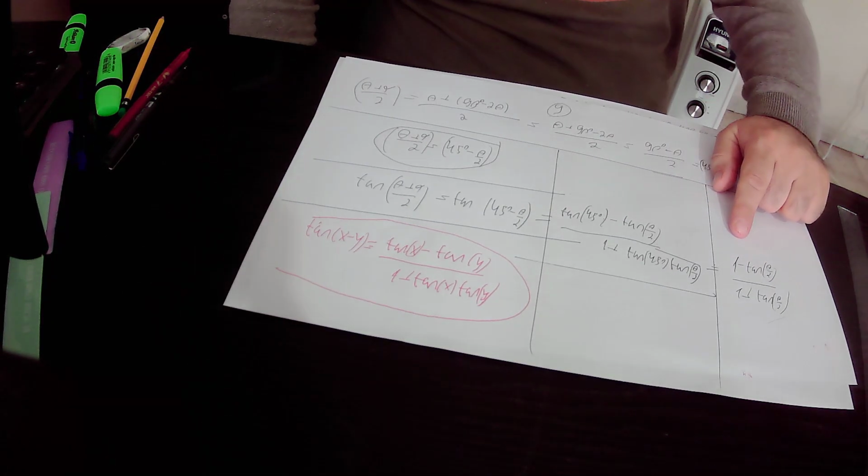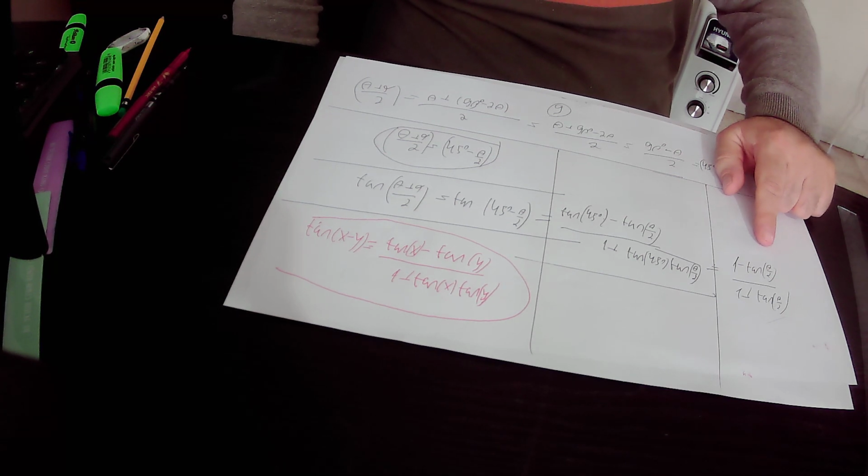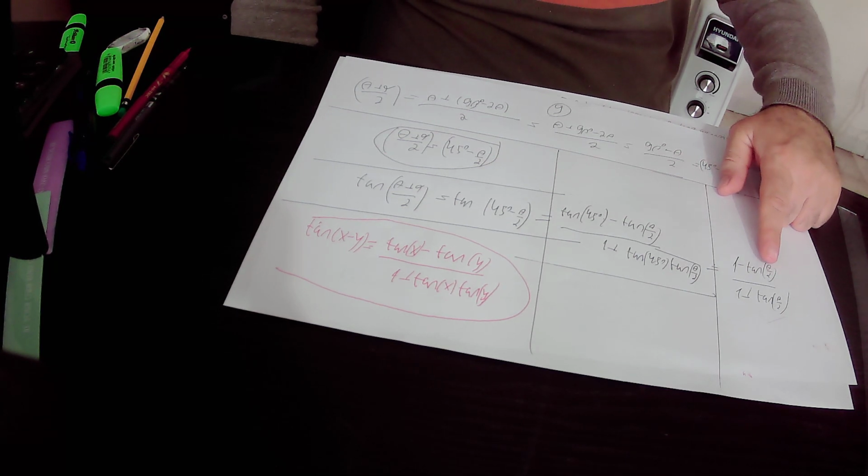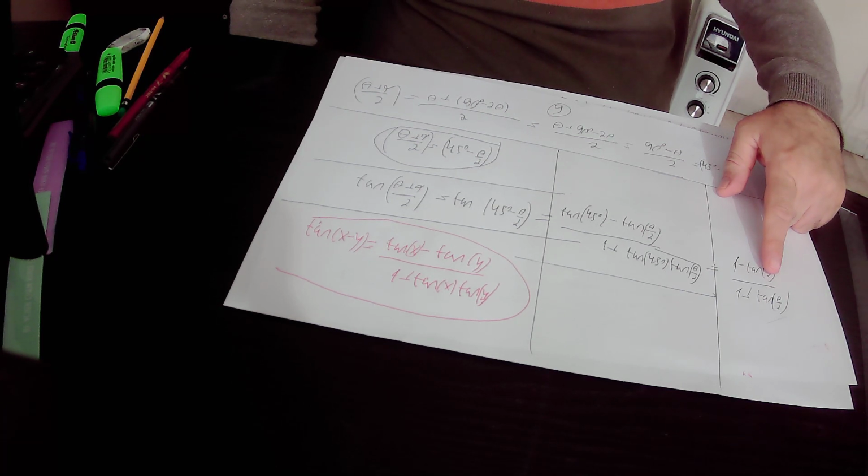And tangent 45 degrees is 1, so we get 1 minus tangent theta over 2 over 1 plus tangent theta over 2.